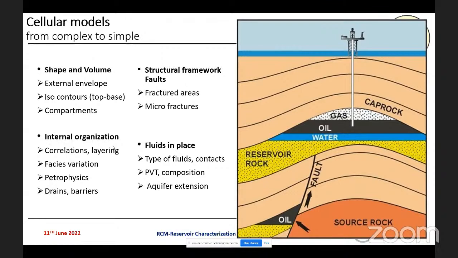Also correlation well by well, well to well, and also wells to outcrop. Sometimes you can correlate the wells to outcrop if there is a nearby exposure of the reservoir near the field. Also facies variation in different trends, lateral and vertical, and their association with petrophysics. Also the presence of diagenesis structures, so microstructure related elements such as drains and barriers.